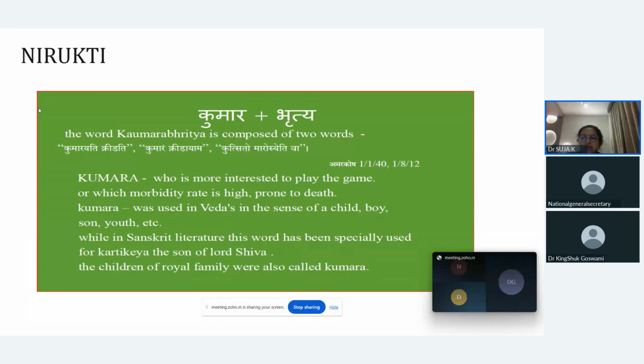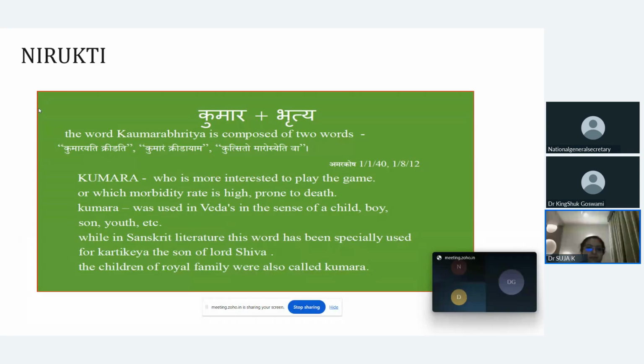Other Acharyas have placed it in different positions. As per Kashyapacharya, it provides lifelong immunity and strength to the children.